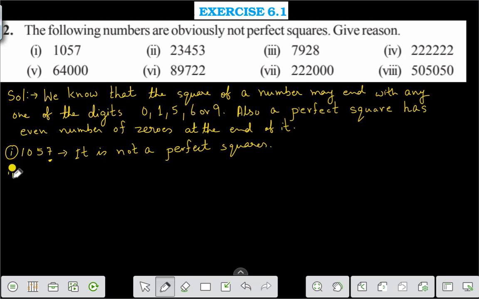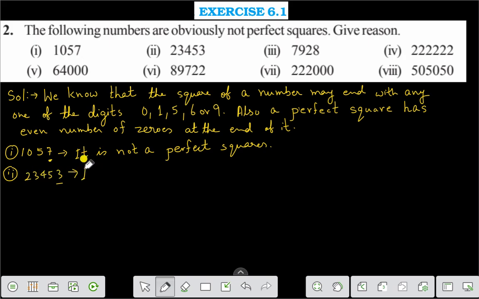Number 2 is 23453. Here also you see at the end it is 3, but not 0, 1, 5, 6 or 9. This number ends with 3.